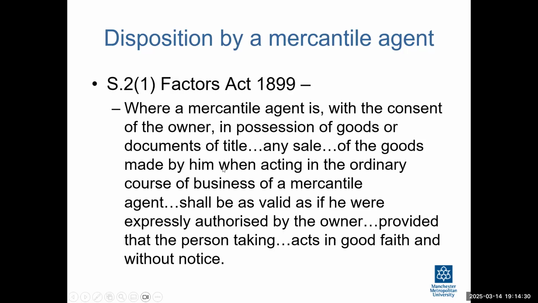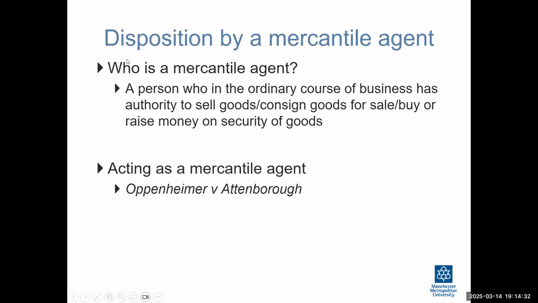So this is one of the exceptions. We want to ask ourselves, who is a mercantile agent? It is a person who deals in the ordinary course of business, someone who sells things. So a bike seller, that would be a mercantile agent, someone who has been known to sell things like that. So he must be acting as a mercantile agent.